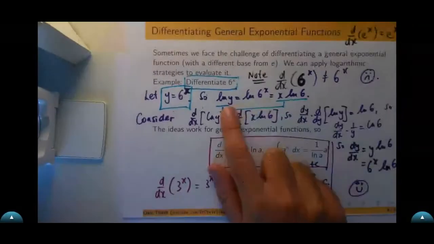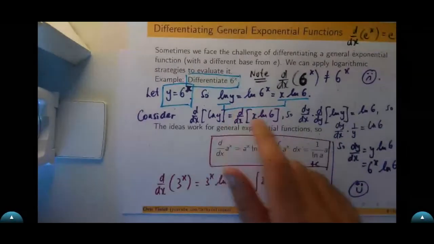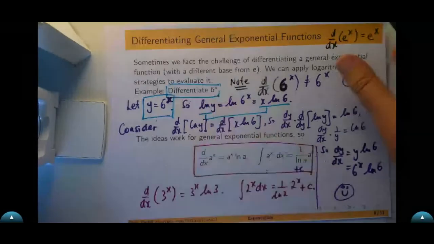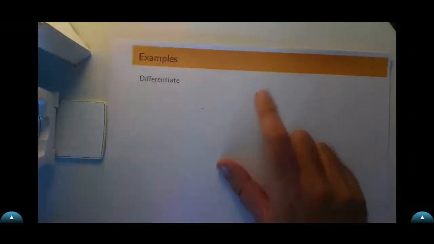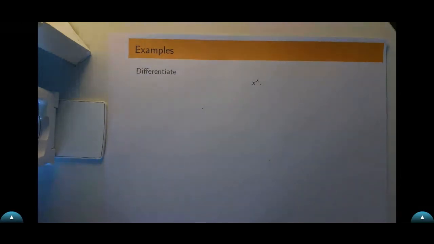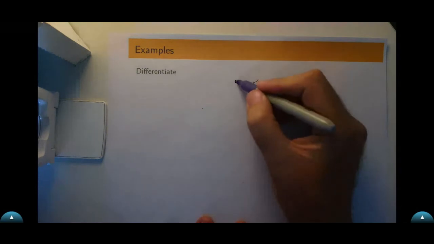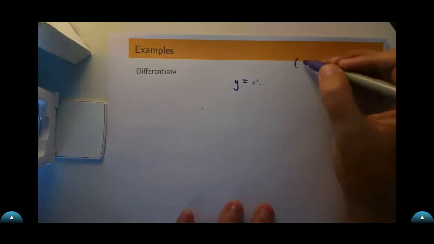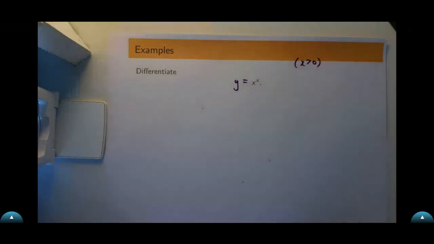Over here, I used logarithmic differentiation for the previous example with 6 to the x. Can I do something like that with this? The answer is yes. So I'm going to let y equal that, and I'm only going to do it for x positive here.